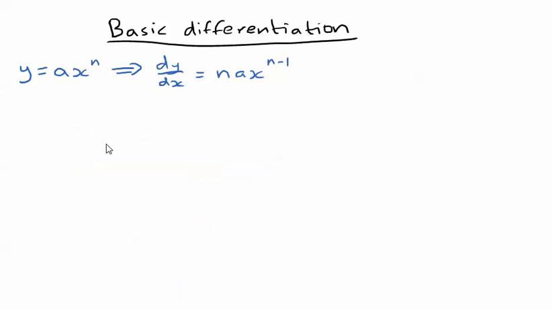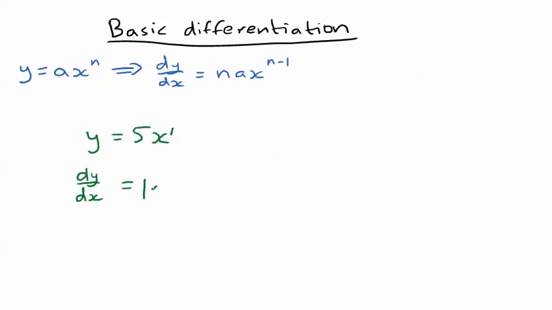Let's do one last one, which is if y is equal to 5x, and we want to differentiate this. So we have to be a bit careful with this one because 5x on its own is the same as 5x to the power of 1. So if we apply this rule, then the power is going to come down in front.